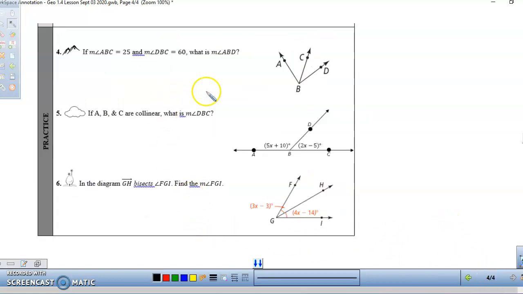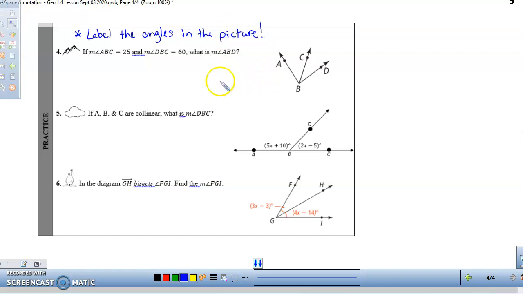Okay, so on the next part, let me just give you a couple of hints on these questions. So a big hint for all of this stuff is that you want to label the angles in the picture. Okay, you should always, always, always do that. Label your picture.